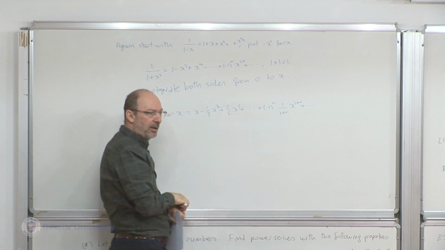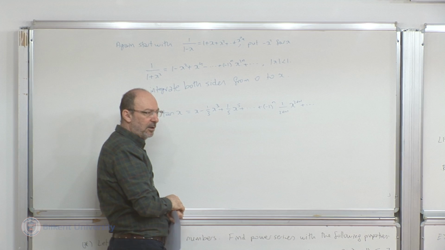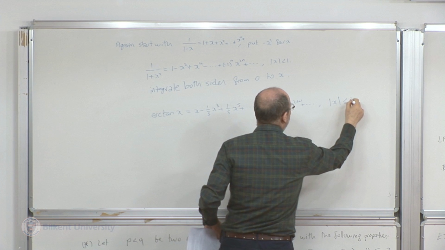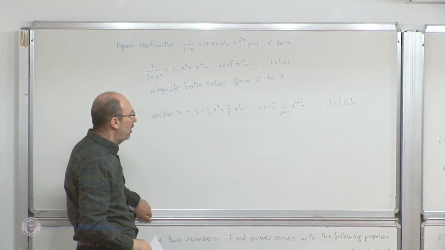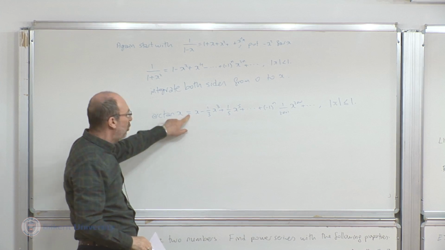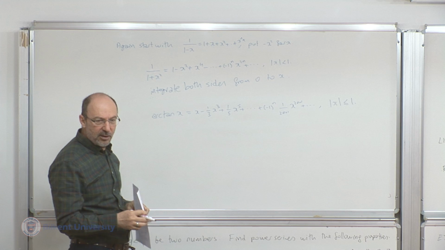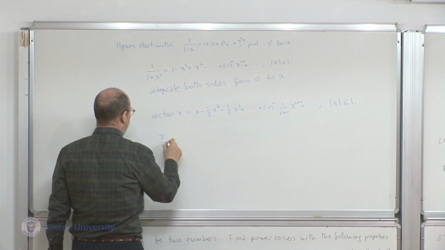It is again an alternating series, except that all the signs are shifted. So this converges for all |x| ≤ 1. And again by a theorem of Abel, this equality holds even at the endpoints. So arctangent 1 is pi/4.